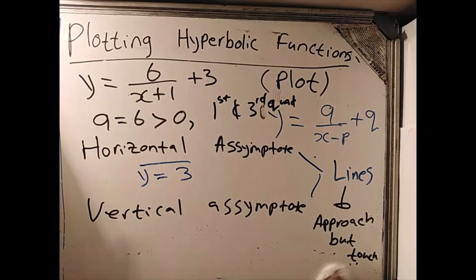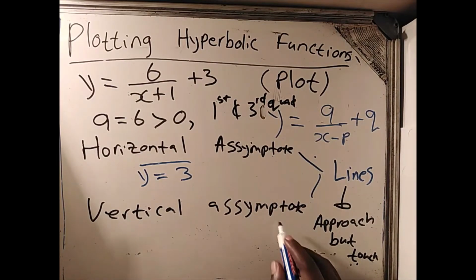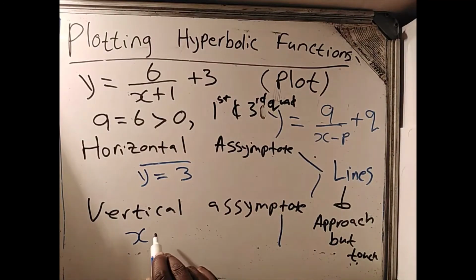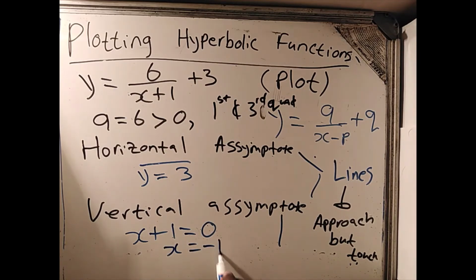Here we've got x plus 1, which is equal to 0, and then we solve for x. When we solve for x, we get x is equal to minus 1.